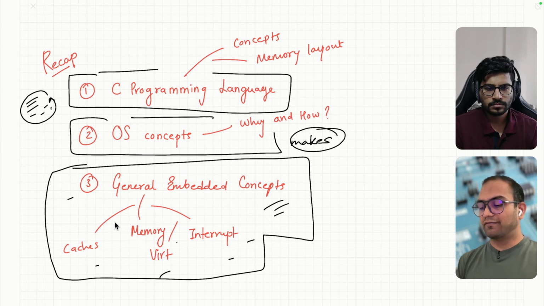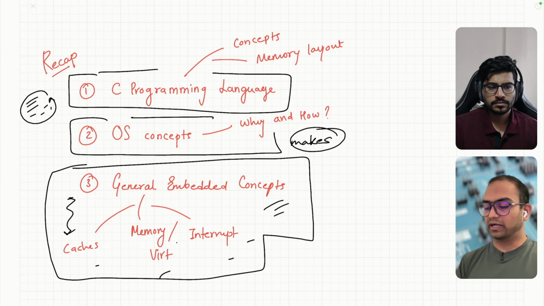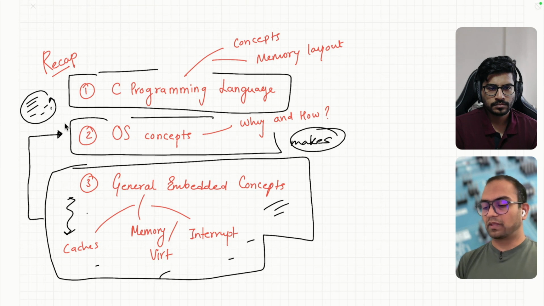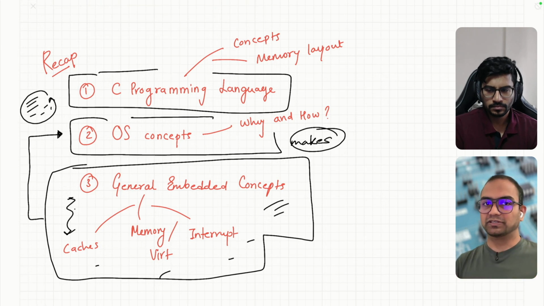Eventually, after we discuss everything about the general embedded concepts, the hardware, the CPU, GPU, the MMU, the MPU, it will naturally make sense that a program can be run directly on this hardware, but then we are not utilizing the hardware to its fullest.